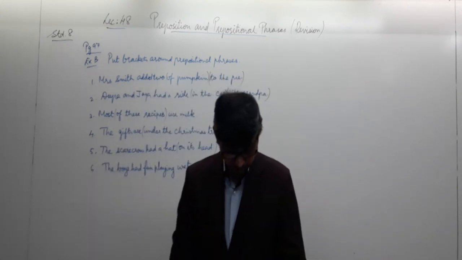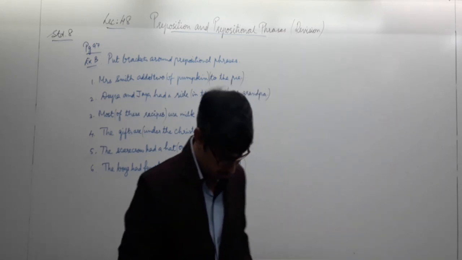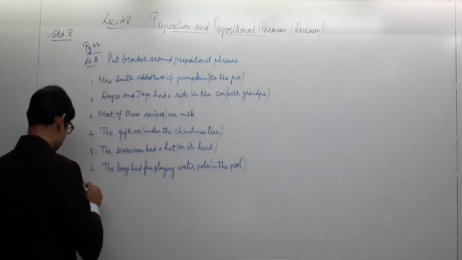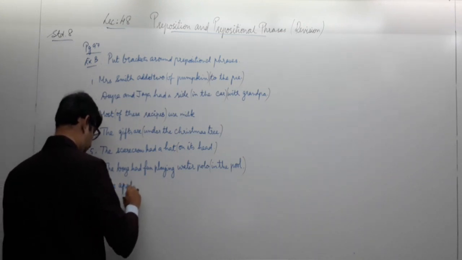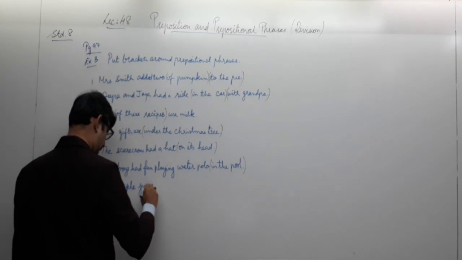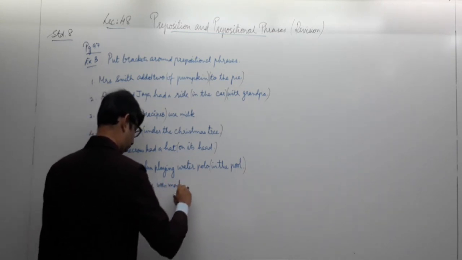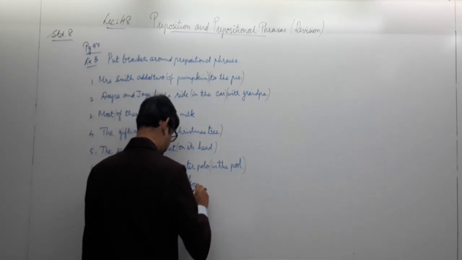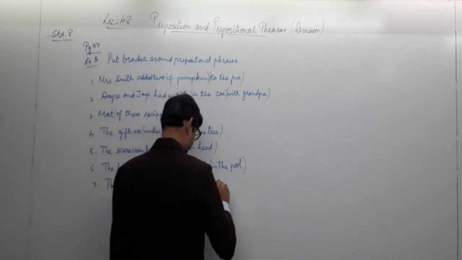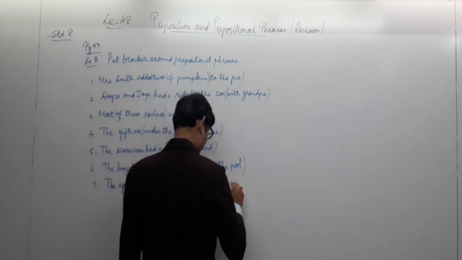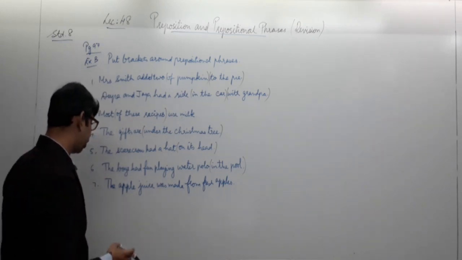Number 7. The apple juice was made from fresh apples. Well, let us find out the preposition and then mark the prepositional phrase.